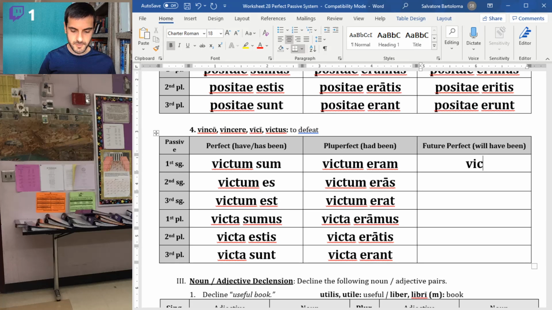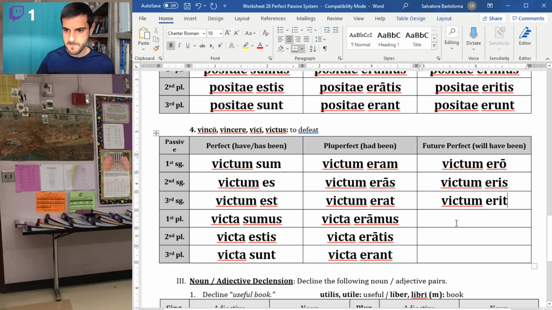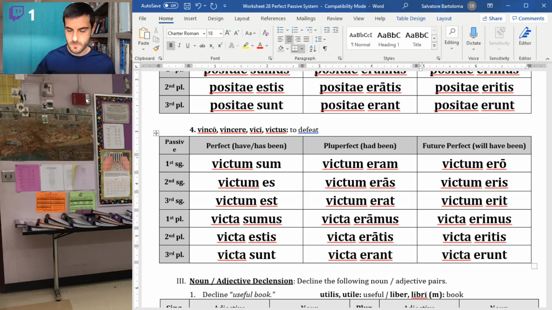And for future perfect, victum ero, victum eris, victum erit, and victa erimus, victa eritis, and victa erunt.